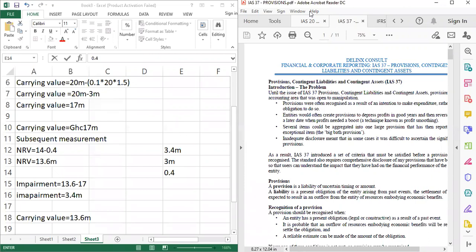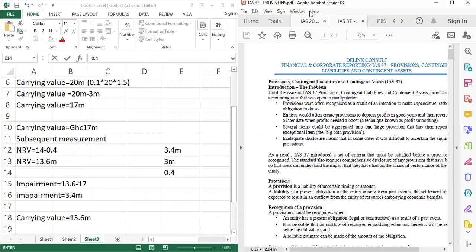With this, you are likely to pay some amounts for the damages suffered by your worker at the law courts. So if the lawyers are saying that you will most likely pay that amount, then you start making provision for the amount you are going to pay as damages to the plaintiff. That is the provision we are talking about here.